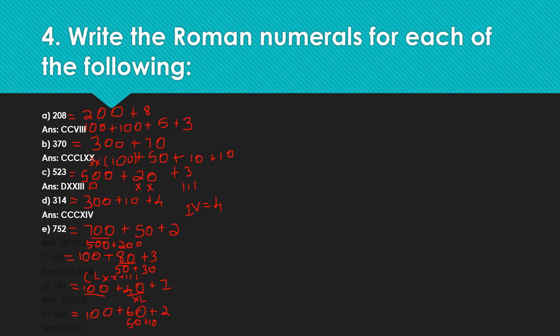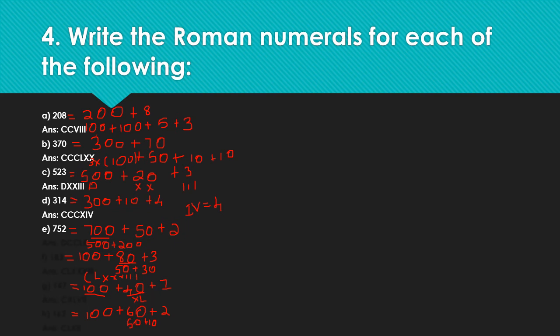Next is 752. So 752, first you expand this number. 700 plus 50 plus 2. We don't have the symbol for 700. So we have the symbol for 500.